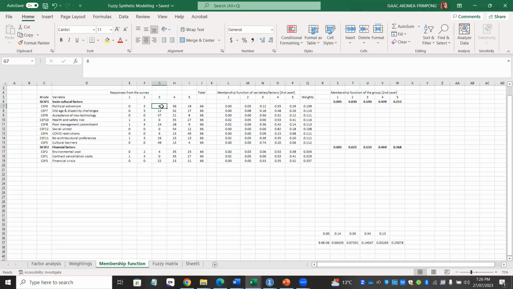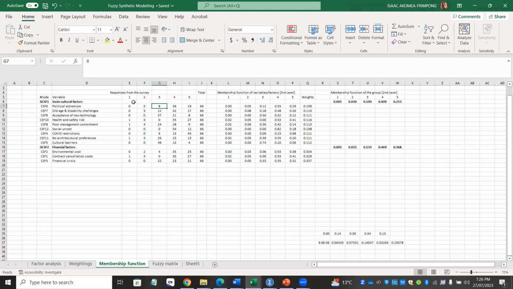And then we got 8 respondents who ticked 3, which represents neutral on political extremism. Then we got 36 who ticked agree on political extremism. Then we got 19 who ticked strongly agree.